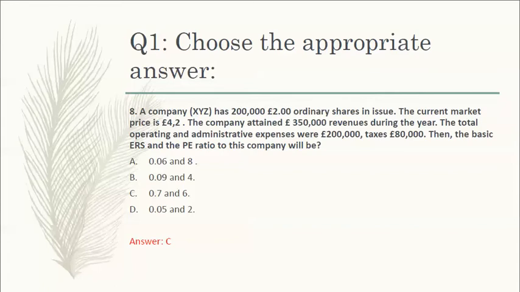So we divide 4.2 over 0.7, and we get that the price earning ratio equals 6. So here the answer is C, 0.7 and 6. Now we continue our questions.